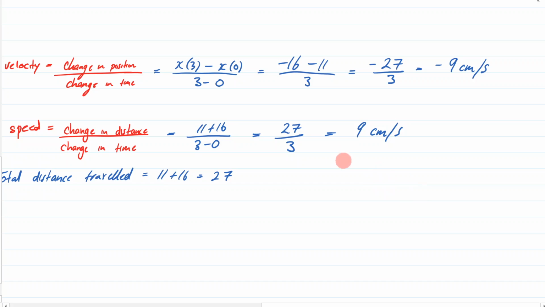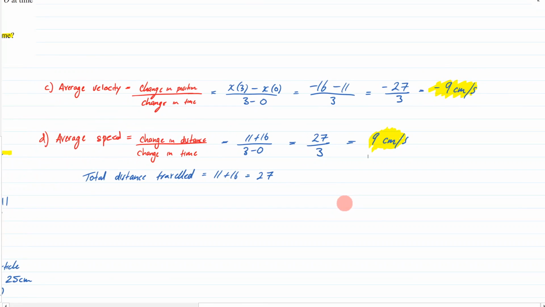9 centimeters a second. So you might be wondering to yourself, how is that different to this average velocity? And hopefully you can see that my average velocity had a sign when my speed doesn't have a sign. It's always positive. So the average velocity is also going to tell you the direction. But what we can say after all of this is the particle moved to the left for the first 3 seconds. It doesn't change direction.